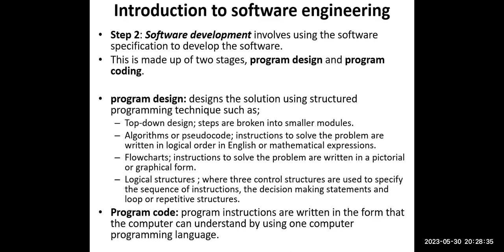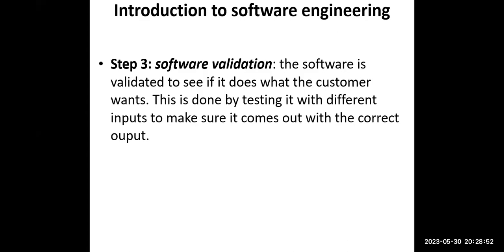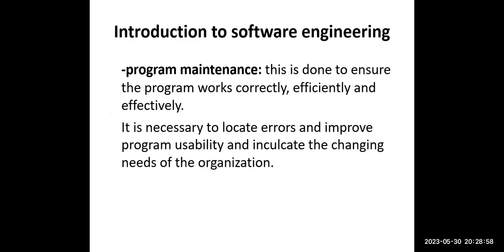The algorithm can be a pseudocode or flowchart, or can be just an algorithm in plain English. Then you code it using a programming language, and after that you test it to see whether it's doing what it's supposed to do. You get feedback from the test, and you use that to do maintenance. And by doing maintenance, you document everything down.